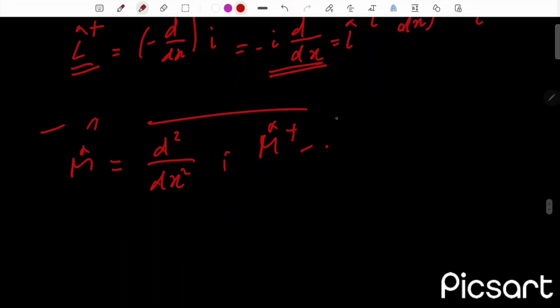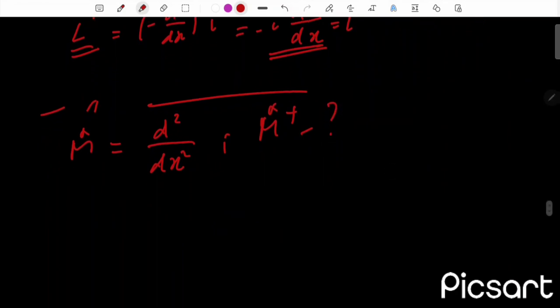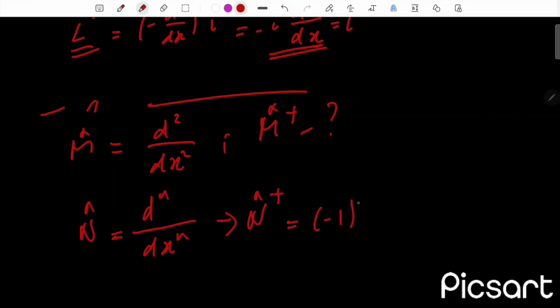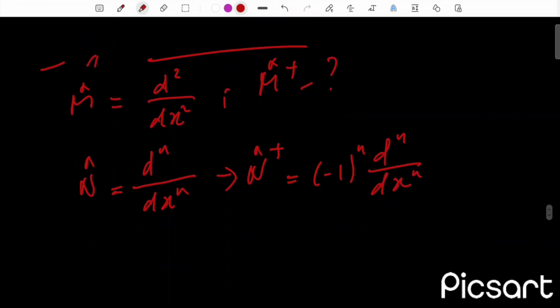From here we must remember that we mentioned in the previous videos that if we have N as a general differential operator, N equal to d to the power n over dx to the power n, then N dagger will every time be equal to minus 1 to the power n times d to the power n over dx to the power n.